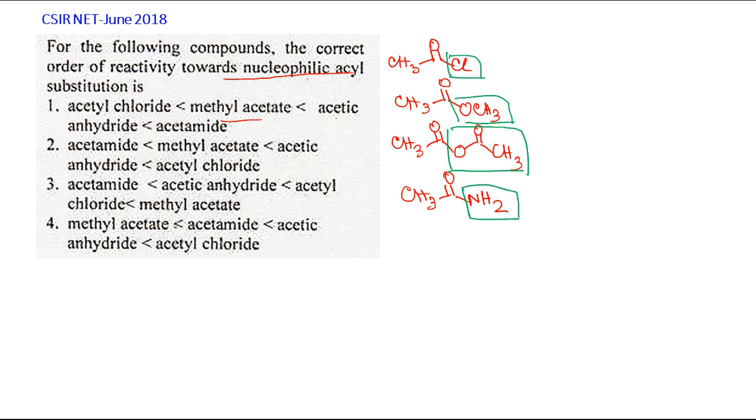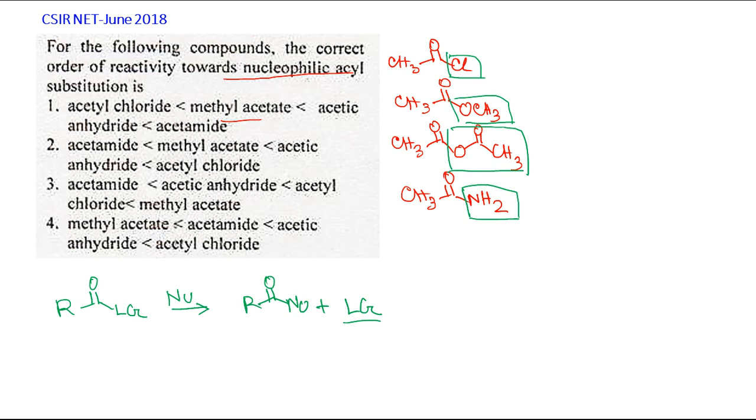These parts you can consider as the leaving group. So in general we can write the equation as RCO-LG, leaving group. Nucleophile is not given. Suppose there is a common nucleophile and you are doing this reaction, RCONu, and LG is removed. So if we want to know which LG is better, that will be the most reactive.